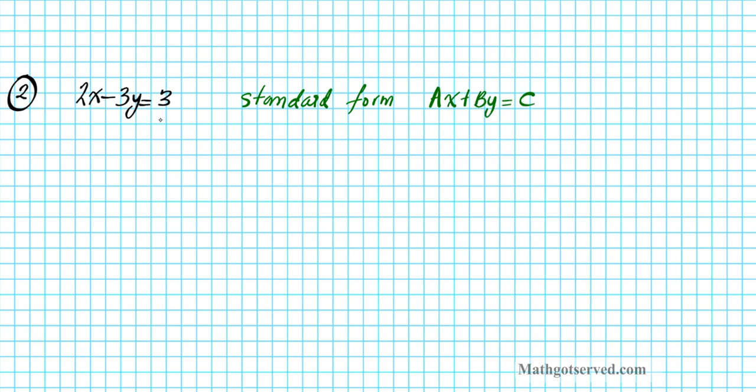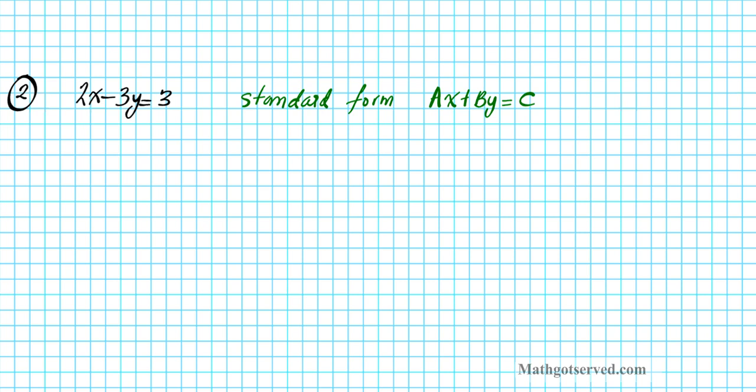This line can be graphed using intercepts, where you set y equal to 0, and you get 3/2 as your x-intercept, and set x equal to 0, and get -1 as your y-intercept.